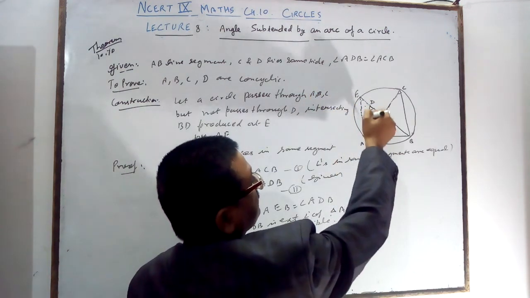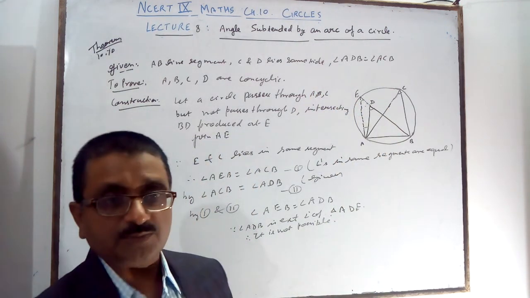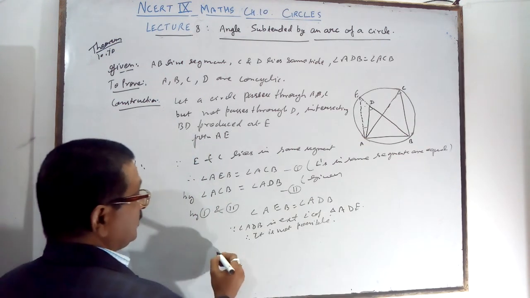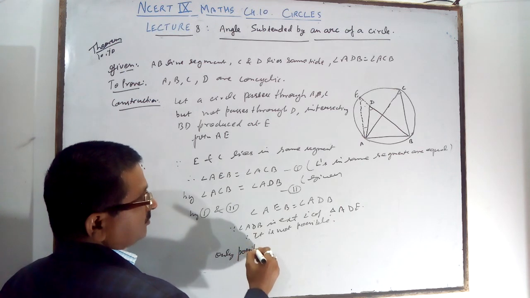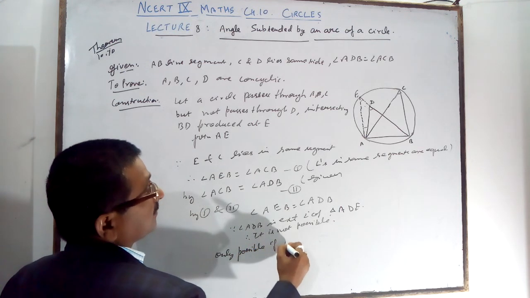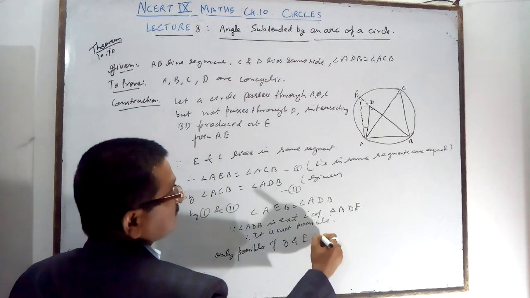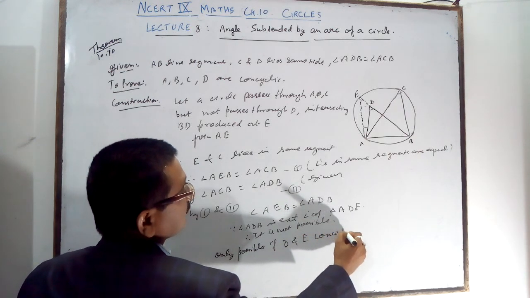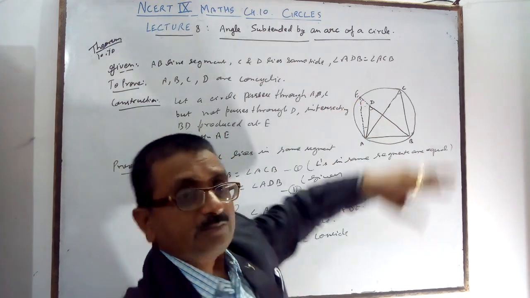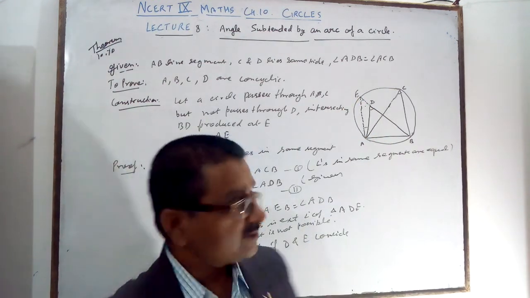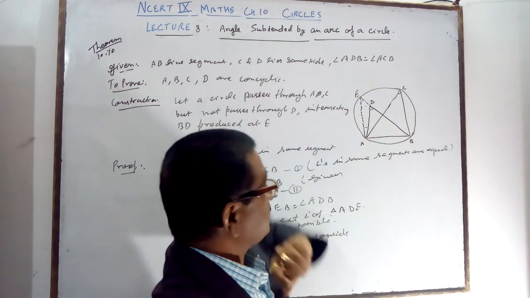So it cannot be equal. It is only possible if D and E coincide. Coincide means overlap, D will be E, then both are the same name.